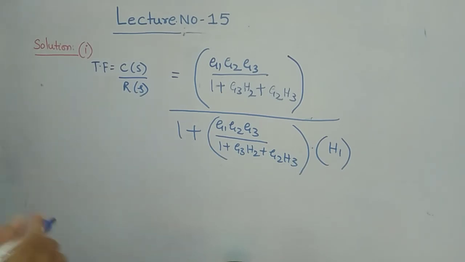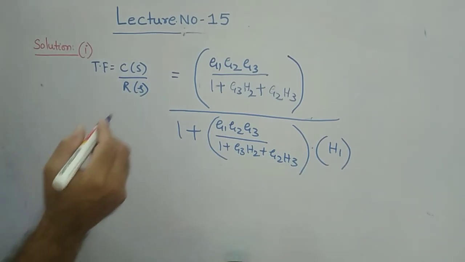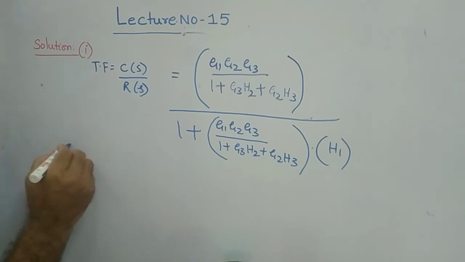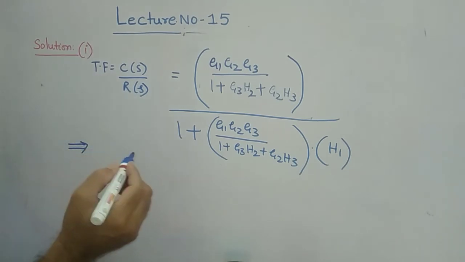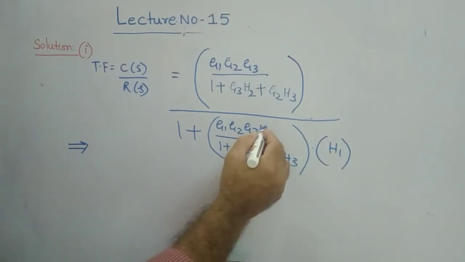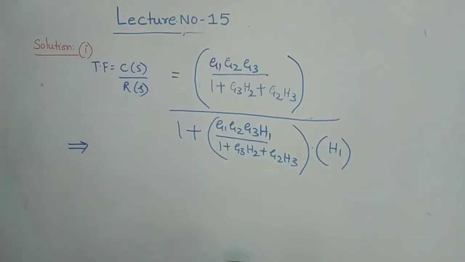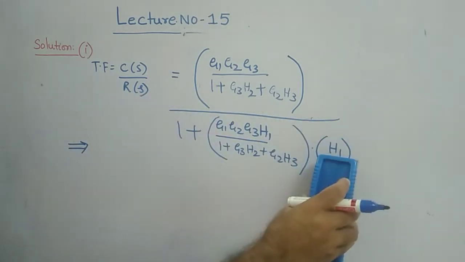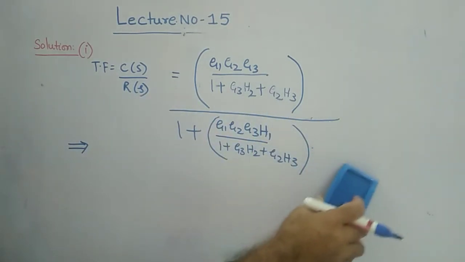Okay, then what will be done here? This implies, further, what we can do. This H1 comes here, obviously, is it not? It is a product only, no? Therefore that H1 you can simply indicate there.